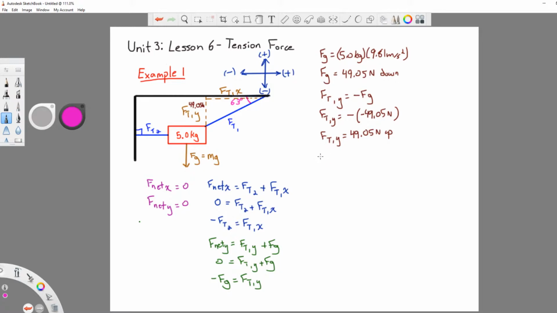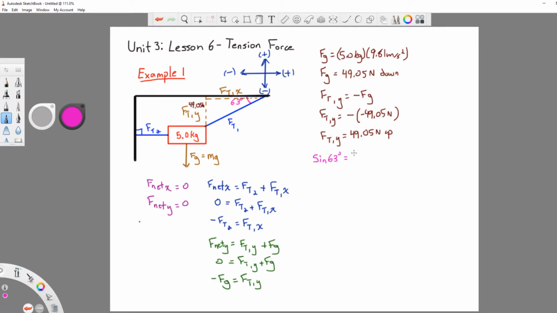Okay, so Ft1. How are we going to go about solving that? Well, I already mentioned it. I just want to make sure I don't mess it up here. And I'm going to say that sine of 63 degrees is equal to opposite over hypotenuse. Right? Yes, opposite over hypotenuse.